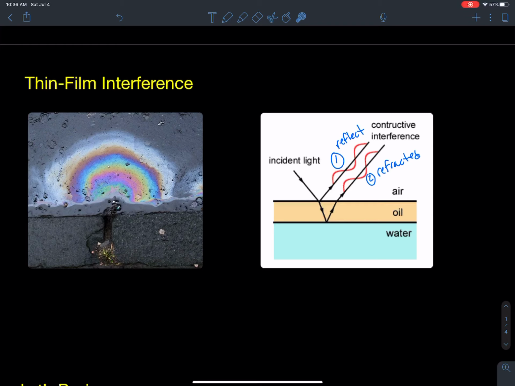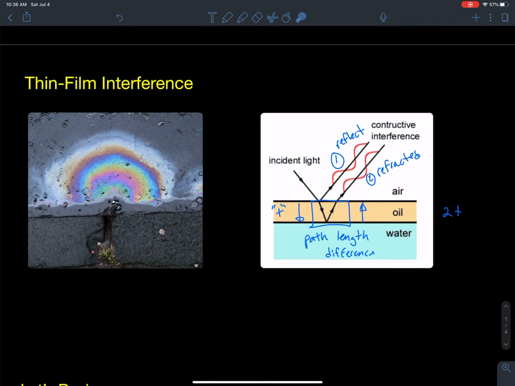What we do see here is that wave number 2 does some magic down here. Wave number 2 has gone through a path length difference. Wave number 2 has gone down in the medium and gone up. So if this was my thickness, I'm going to call it T, it would have traveled 2 times T more than the light that just reflected.